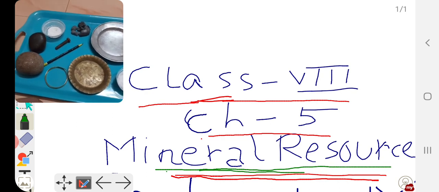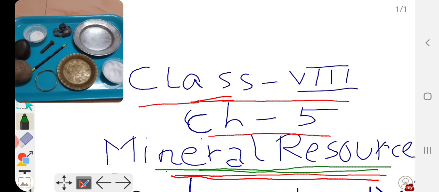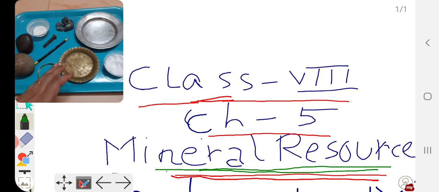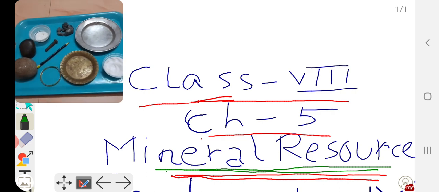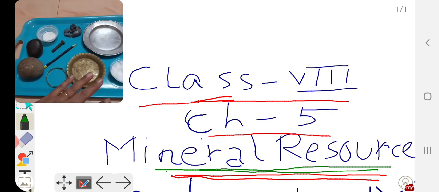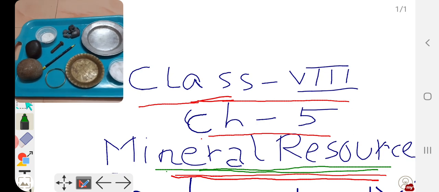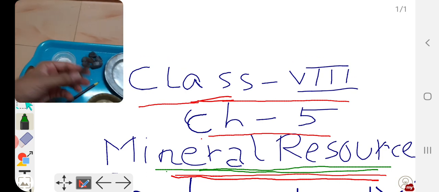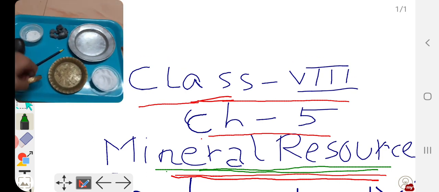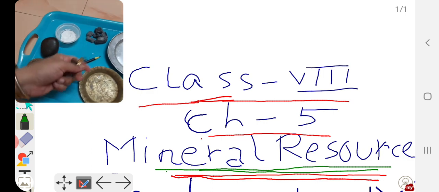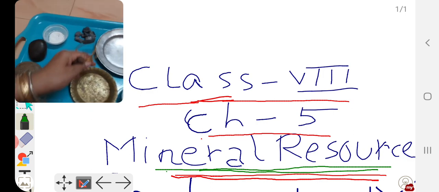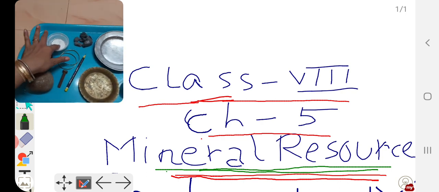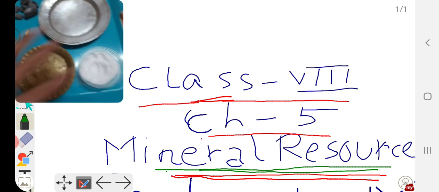Now when I use the term mineral resources, this is not the first time you are listening to this term. You know the types of the mineral resources. Here, this is a nut, this is a gold bangle, bronze plate, aluminium plate, and there are some others like talc, coal, salt.